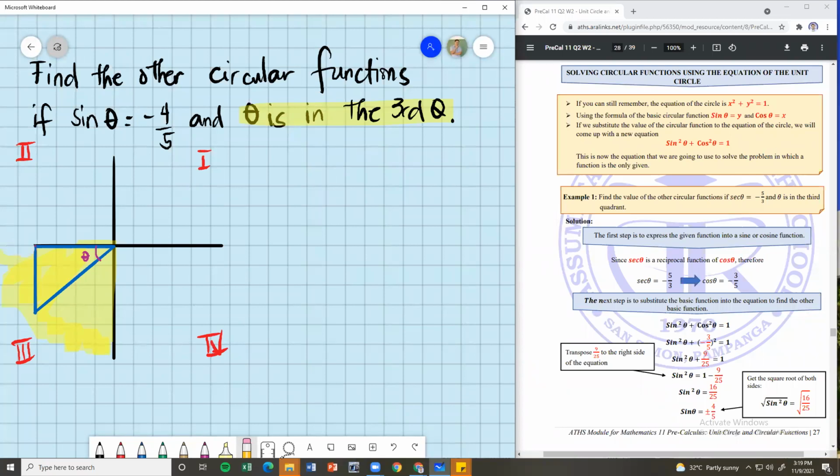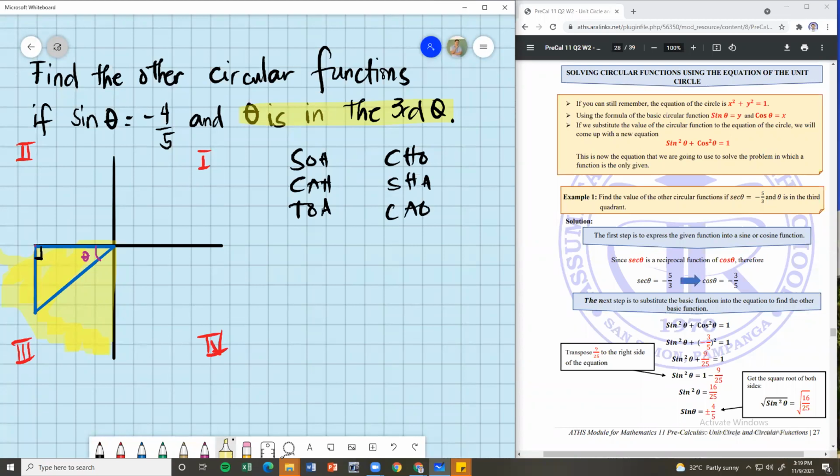Yan, ito ang pinakamabilis na paraan. Pang-Hokage ito. Okay? And that is your right angle. If you're familiar with sine, we have the SOH-CAH-TOA. Gagamitin nyo lang yan.